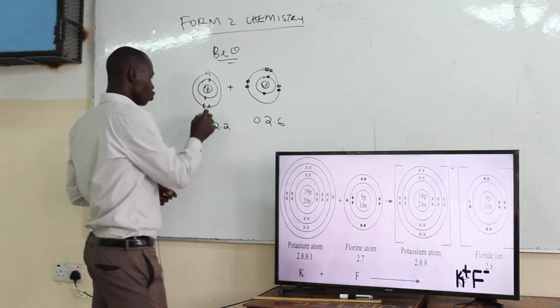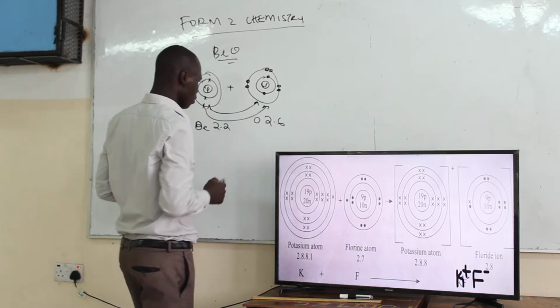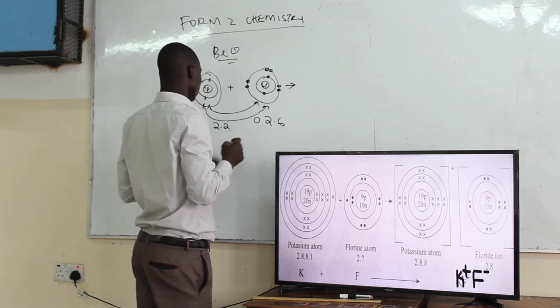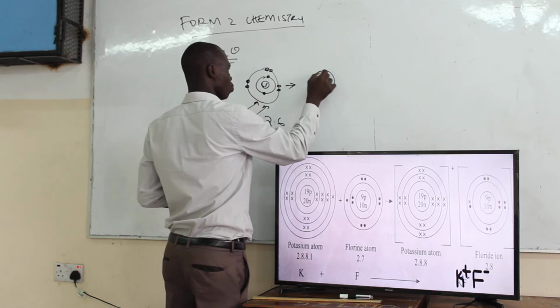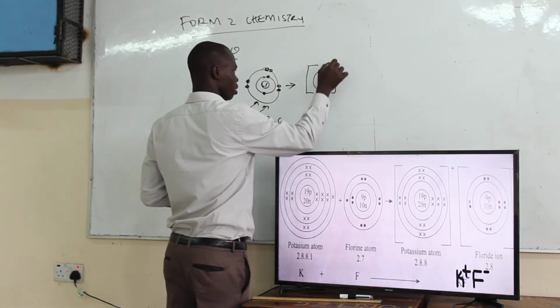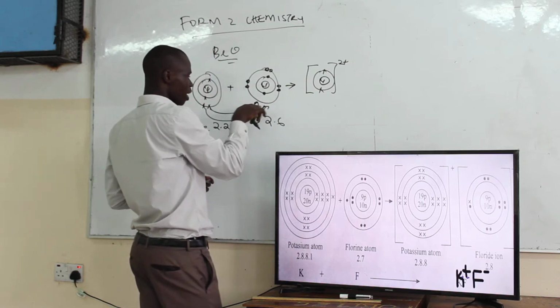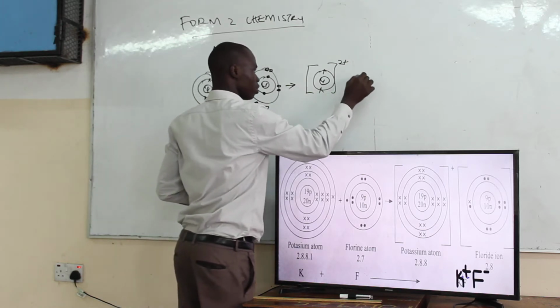So the 2 electrons will be lost on one side and gained on this side. What I want to have is beryllium with the 2 electrons, the 2 positive, while oxygen will gain the 2 electrons from beryllium, which will come to this structure.